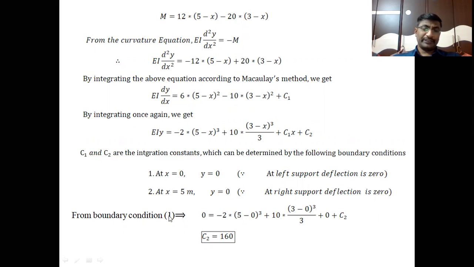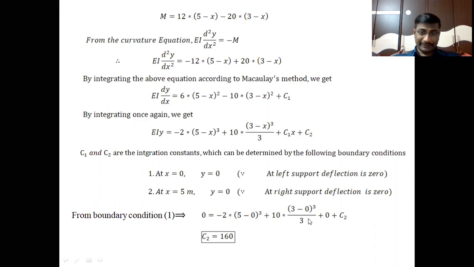So from the first boundary condition, after substitution of the first boundary condition into the deflection equation, left hand side is 0 because y is 0. Right hand side minus 2 into 5 minus 0 whole cube, plus 10 into 3 minus 0 whole cube by 3, plus c1 into 0 is 0, plus c2.